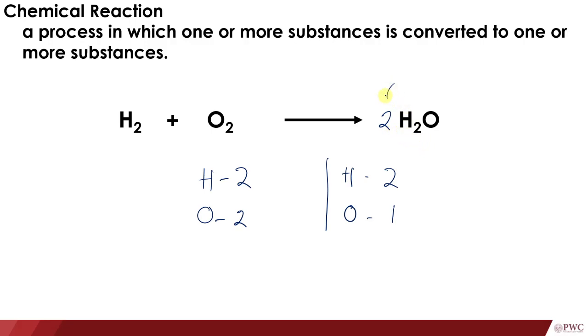So these are coefficients, numbers before a formula in a chemical equation. This tells us that there are two water molecules on this side. So we actually double everything here. Again, that's 2 times 1, that's equal to 2.